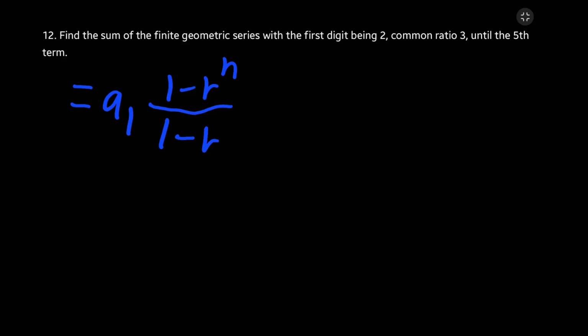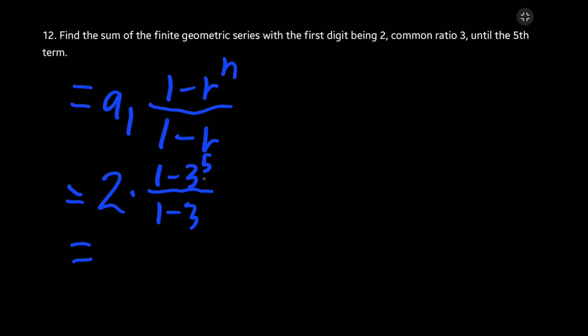So let's just plug in the values. Our first term being 2, so it would be 2 times 1 minus r raised to the fifth term, over 1 minus r. So our r would be 3, n will be the fifth term, 1 minus 3. Now again, be careful with PEMDAS.